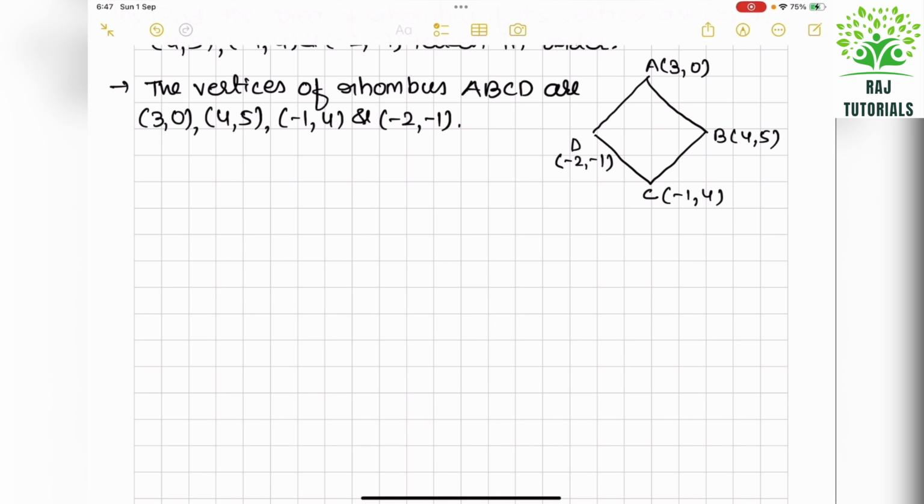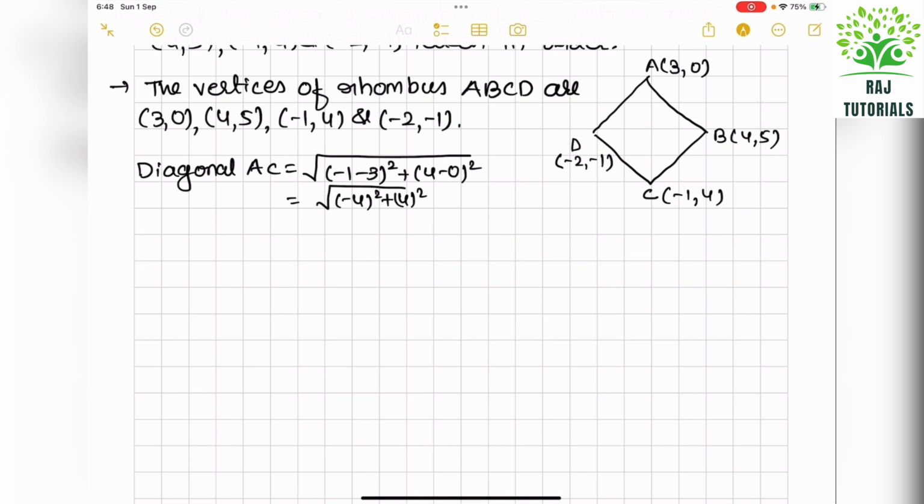Now diagonal AC will be, I have to use distance formula here. So (minus 1 minus 3) whole square plus (4 minus 0) whole square. So that will be minus 4 square plus 4 square. So that will be 16 plus 16. So root 32. So that will be 4 root 2.